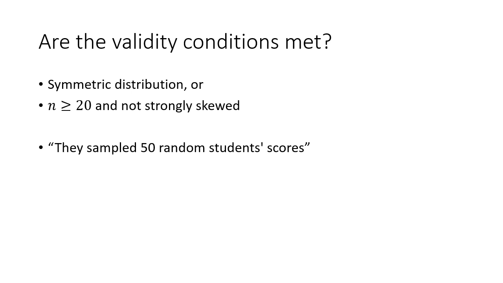That's our sample size, which is greater than 20. So yes, our validity conditions are met. We don't need to know what the distribution of scores was, because since our sample size is larger than 20, it does not need to have a symmetric distribution. That means that a t-test is appropriate.